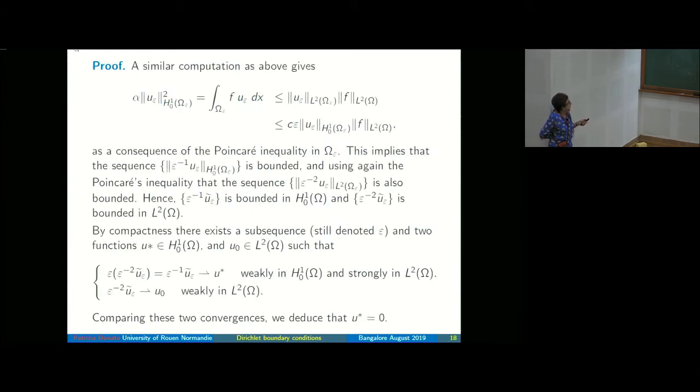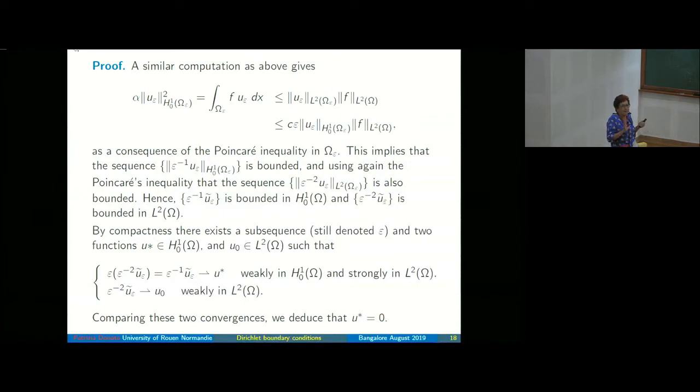is not so difficult if you know a little bit of functional analysis, because we start as before. We have alpha times the norm of u epsilon squared in H10 of omega epsilon, equal to the integral of f u epsilon. You estimate this with u epsilon in L2, f in L2. Here we don't pass to the zero extension, because then we cannot use Poincaré in omega epsilon.